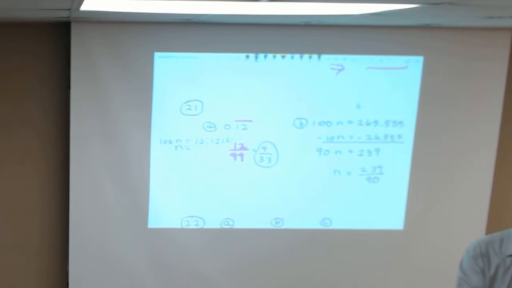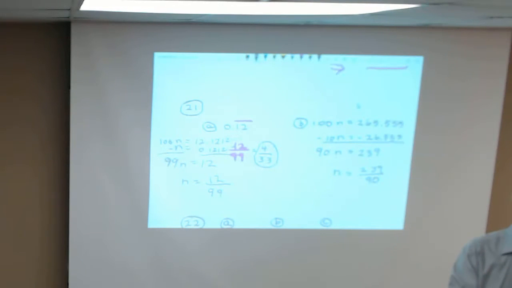And then down here I would have 0.12, 12. Then when I draw the line and subtract, I have 99n equals 12. So n equals 12 over 99.